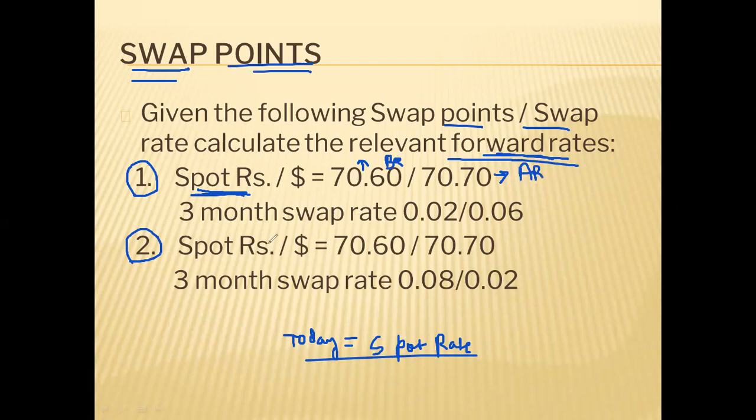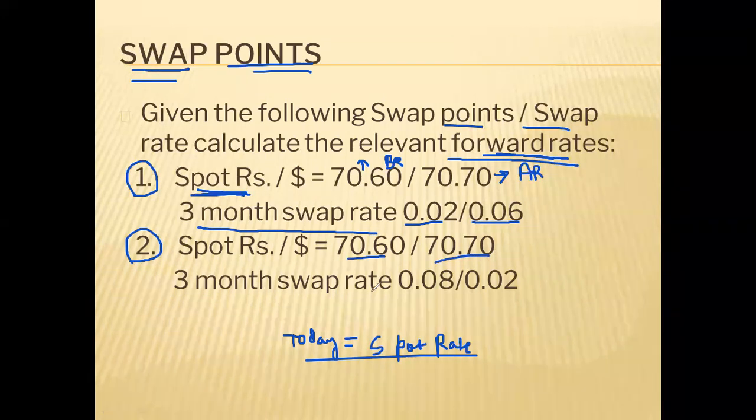And the 3 months swap rate is given. So we will have to calculate the 3 months forward rate. The swap rates given are 0.02 and 0.06. Using this data, we can calculate the 3 months forward rate. Second illustration: spot rate, rupees per dollar, 70.60, 70.70.